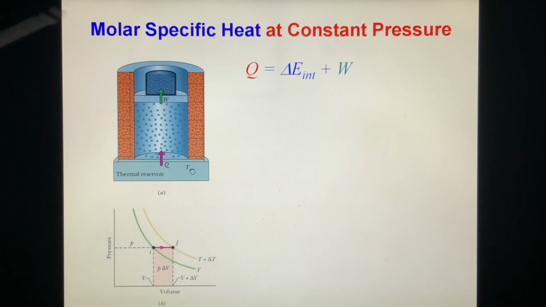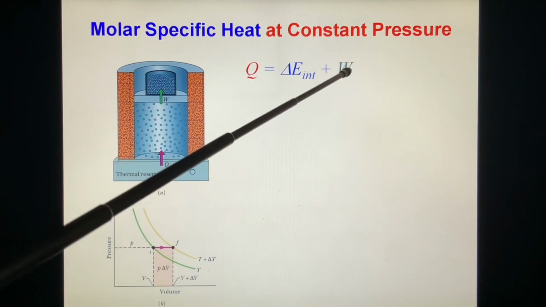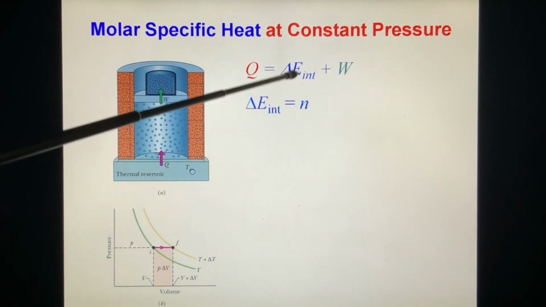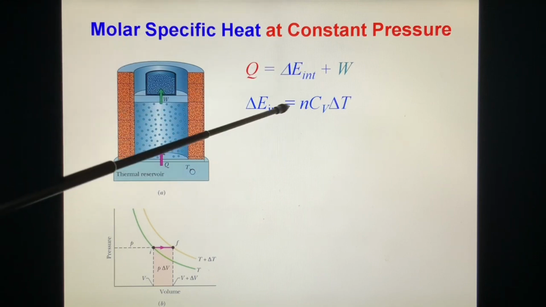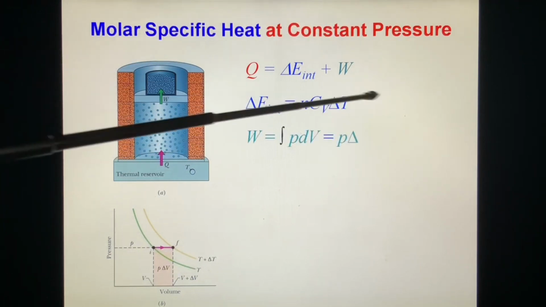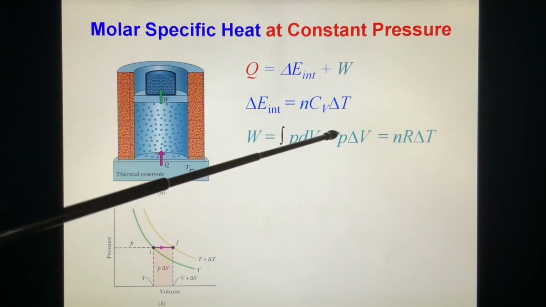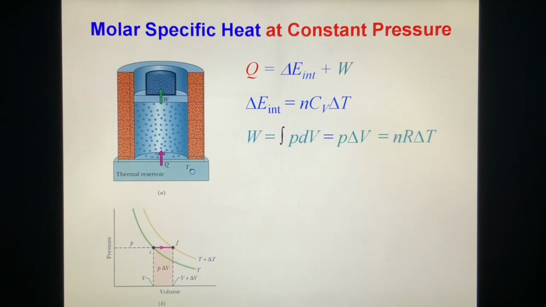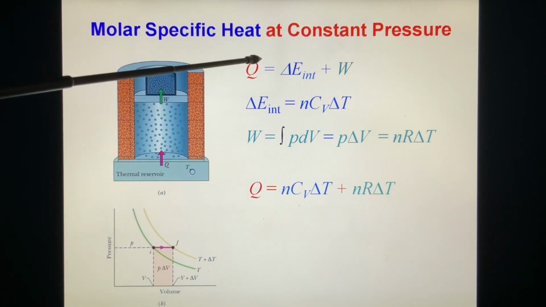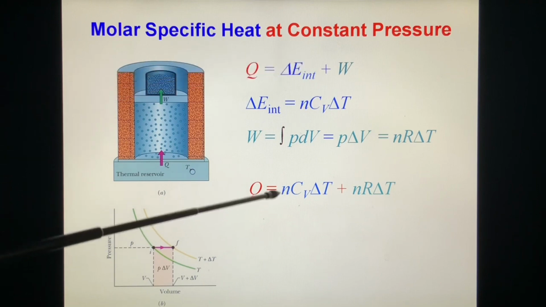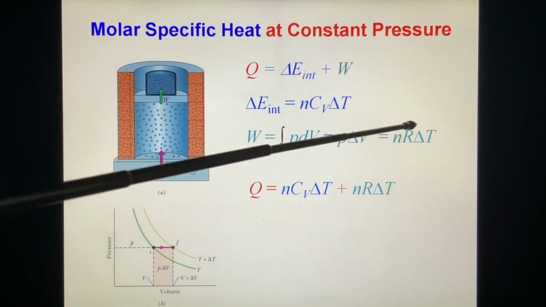Now in this process, for the first law of thermodynamics, Q equals delta E internal plus W. And this one, we have learned, whatever the process, is nCV delta T. And the work at constant pressure, we can take P out, is P delta V. And P delta V equals nR delta T, because PV equals nRT.